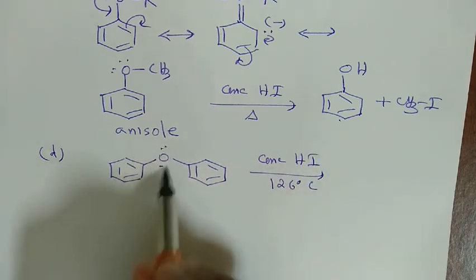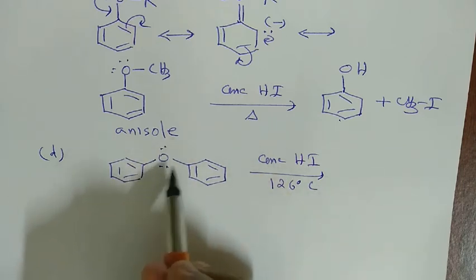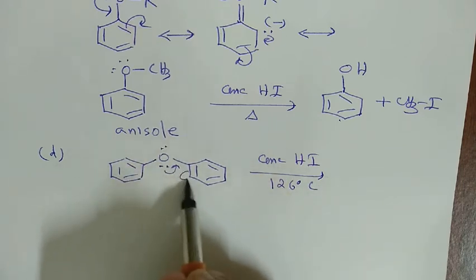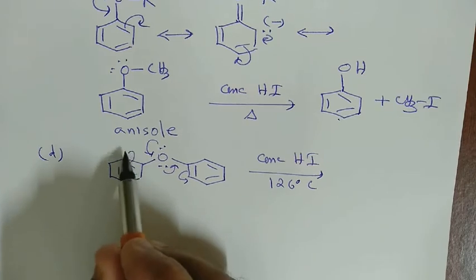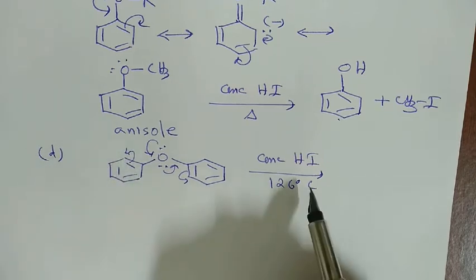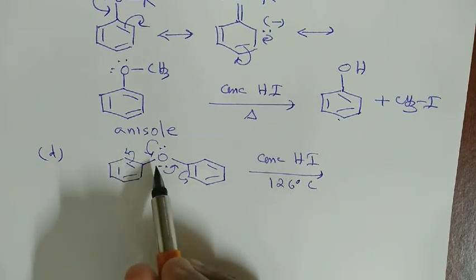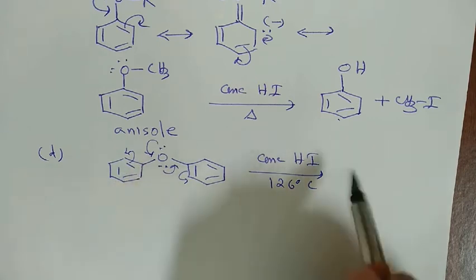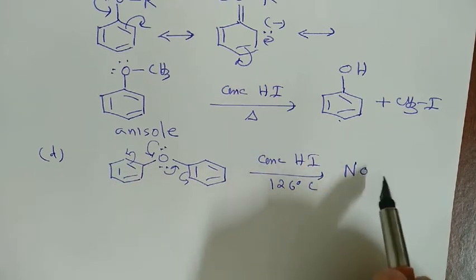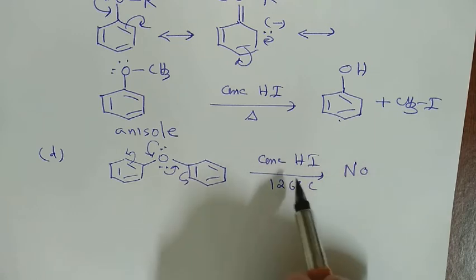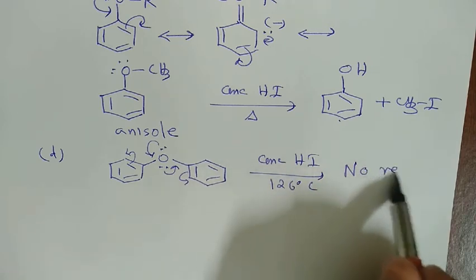This molecule does not undergo cleavage because both carbon-oxygen bonds have a partial double bond character due to the +R effect. Hence, it does not undergo cleavage on heating with concentrated HI.